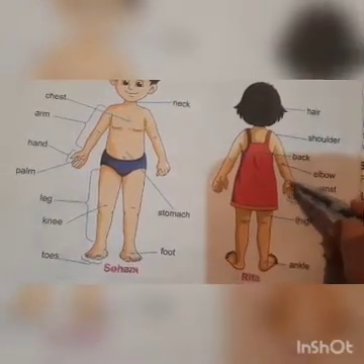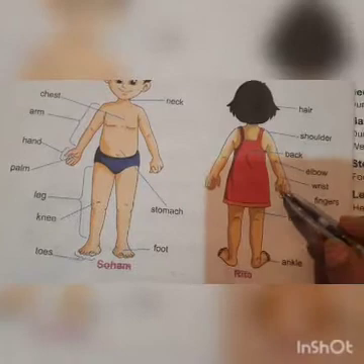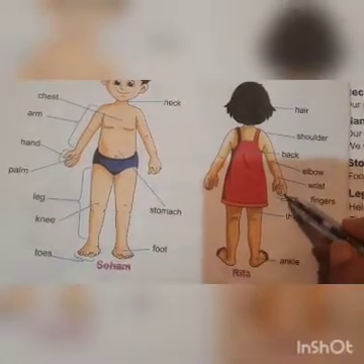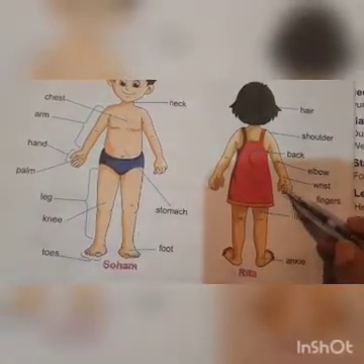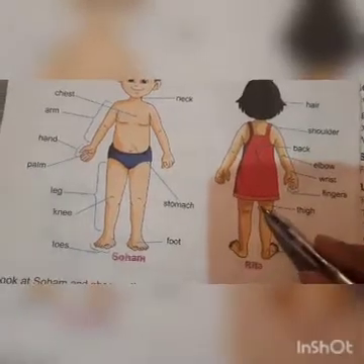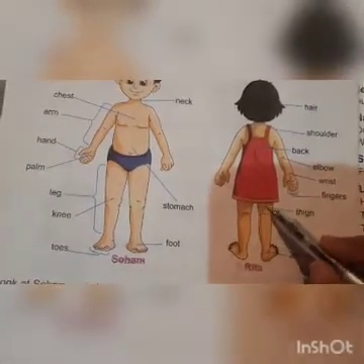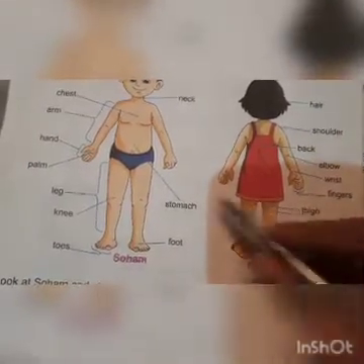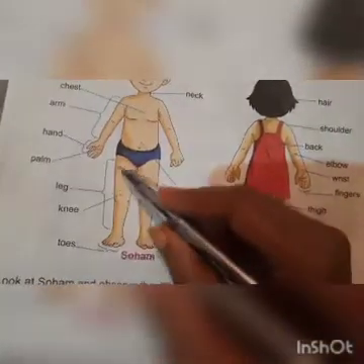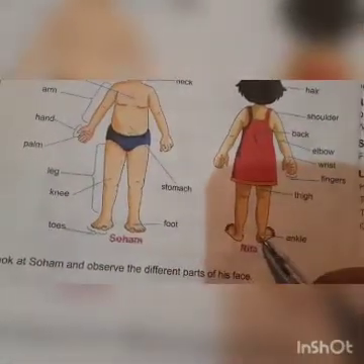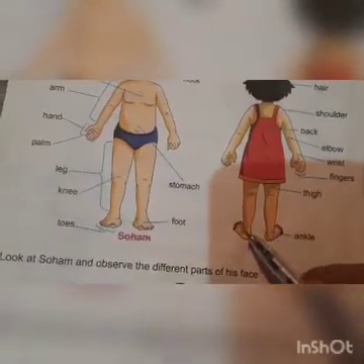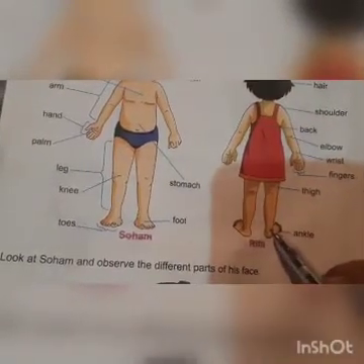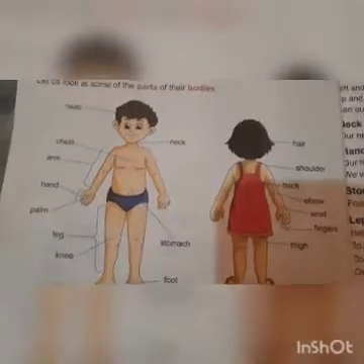These are fingers. This is thigh. This is ankle. So this is the picture of Soham. This is the picture of Rita.